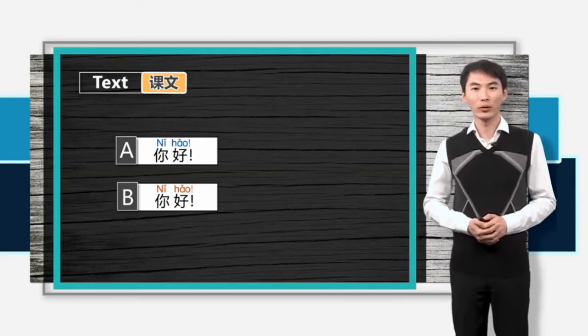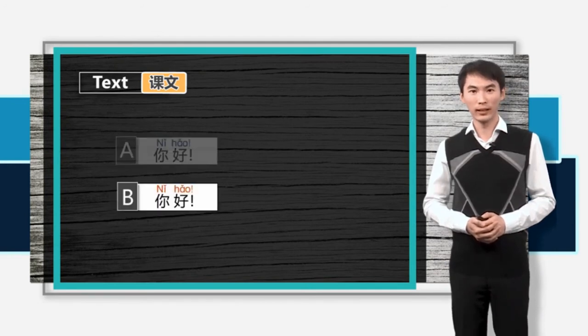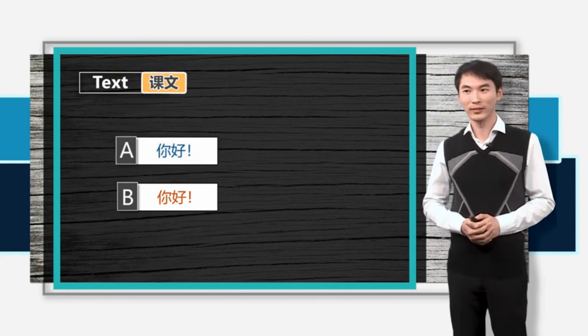Now, let's move on to the text. Please read after me. 你好. 你好. Very good. Let's read again without pinyin. 你好. 你好. Very good.